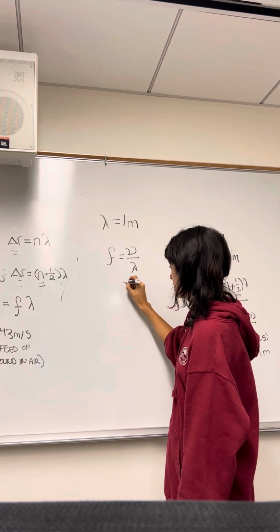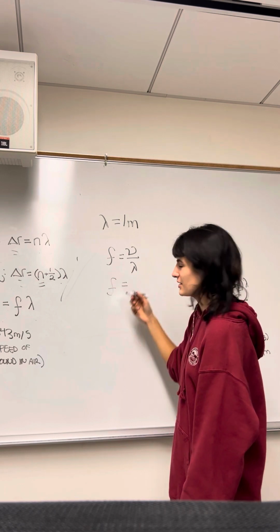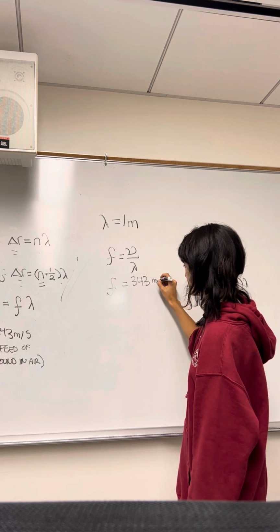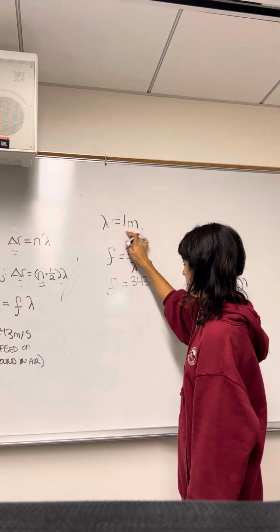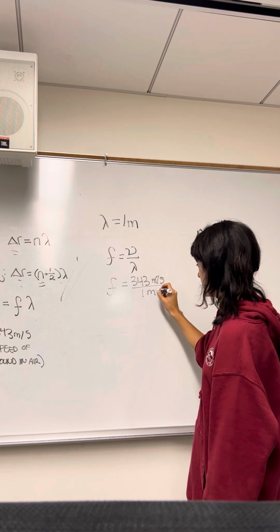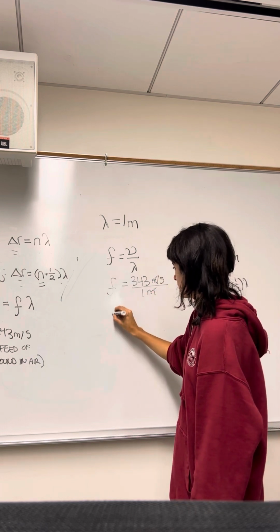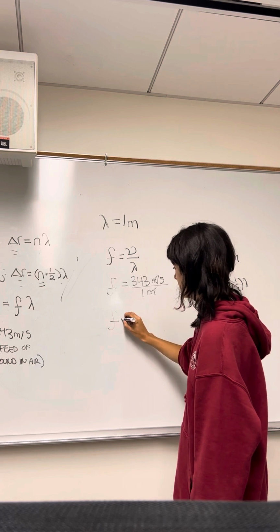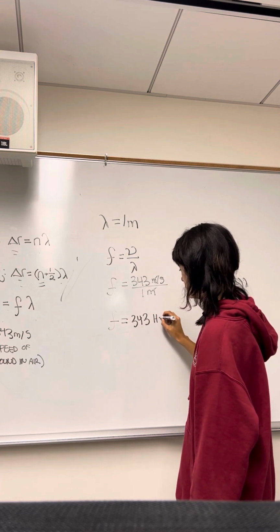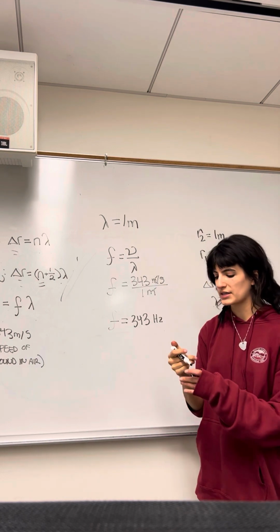So we can write that our frequency is equal to 343 meters per second over this 1 meter right here for lambda. These units cancel out, that's awesome. And so we're left with a frequency of 343 hertz, which is just 1 over seconds.